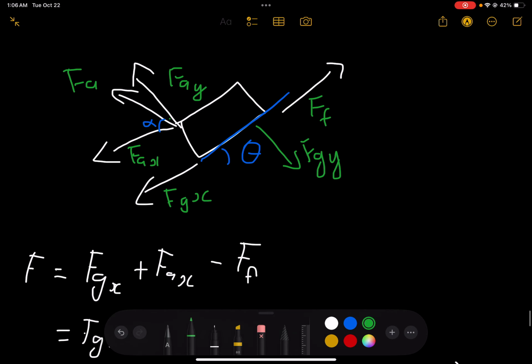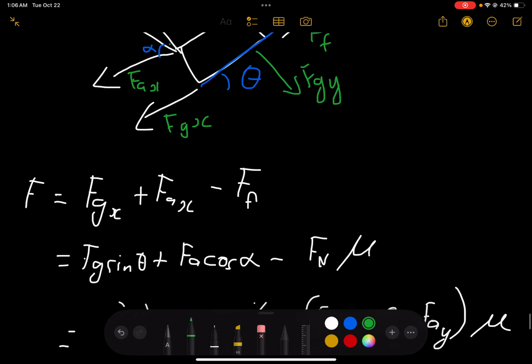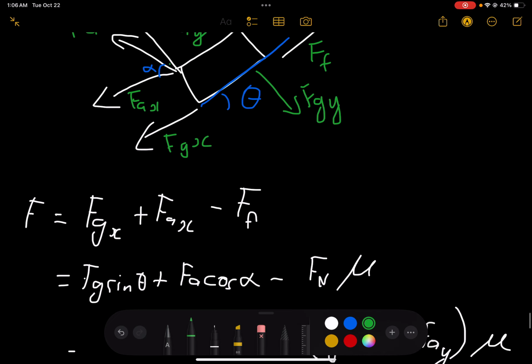Now, let's think of it like this. I'll take left as positive and down as negative. I mean, down is positive, okay? So I'm just switching it because it'll be easier. But basically here I have Fgx pulling towards the left, positive.